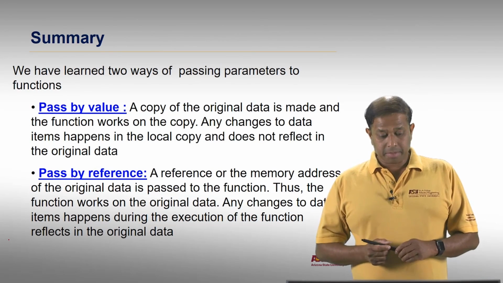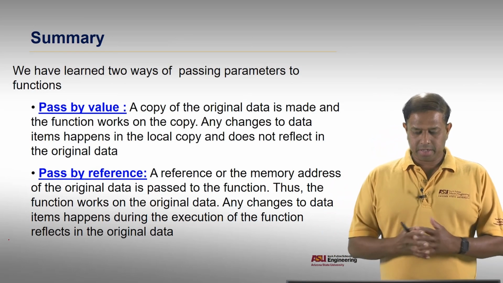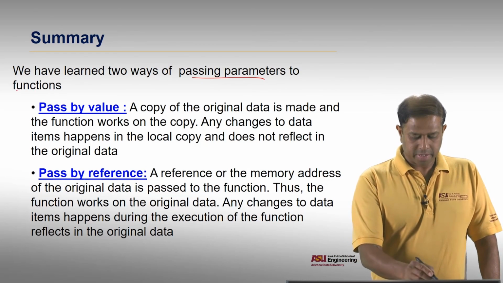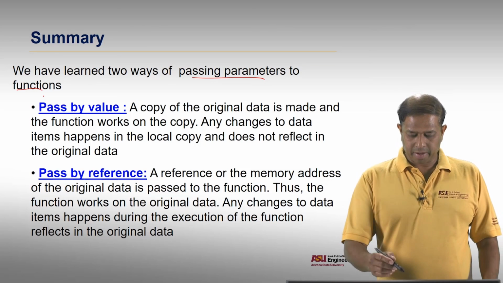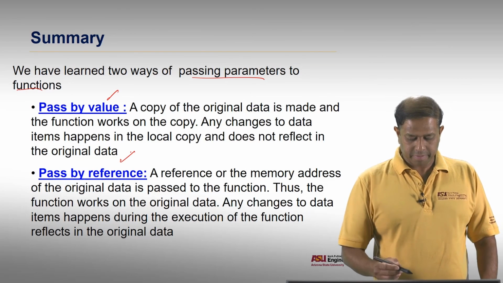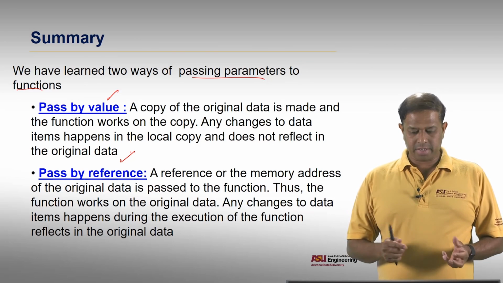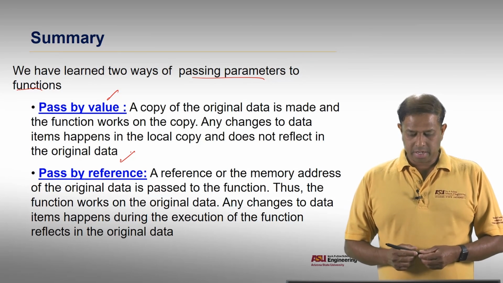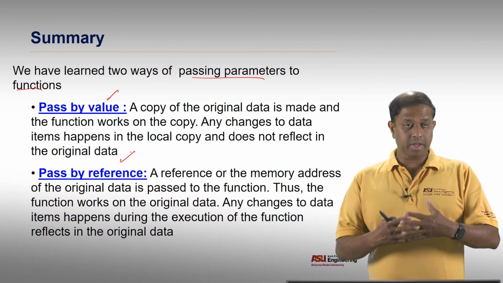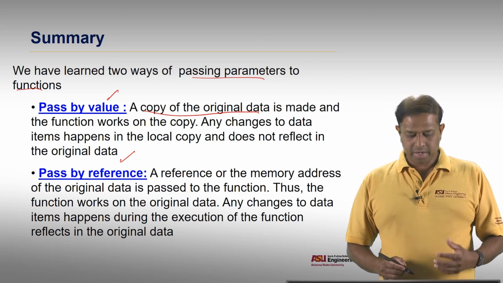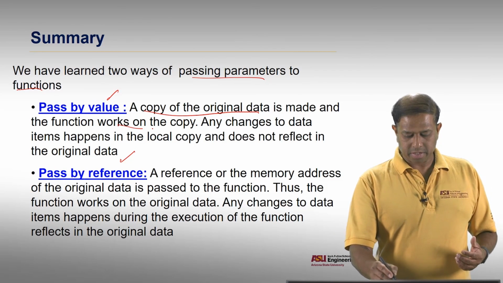All right. So in summary, when you are passing parameters into functions, we discussed two different techniques of doing that: the pass by value technique and the pass by reference technique. We can use these two techniques in combination in writing functions. The difference is, when you have pass by value, a copy of the original data is made and the function works on the copy.